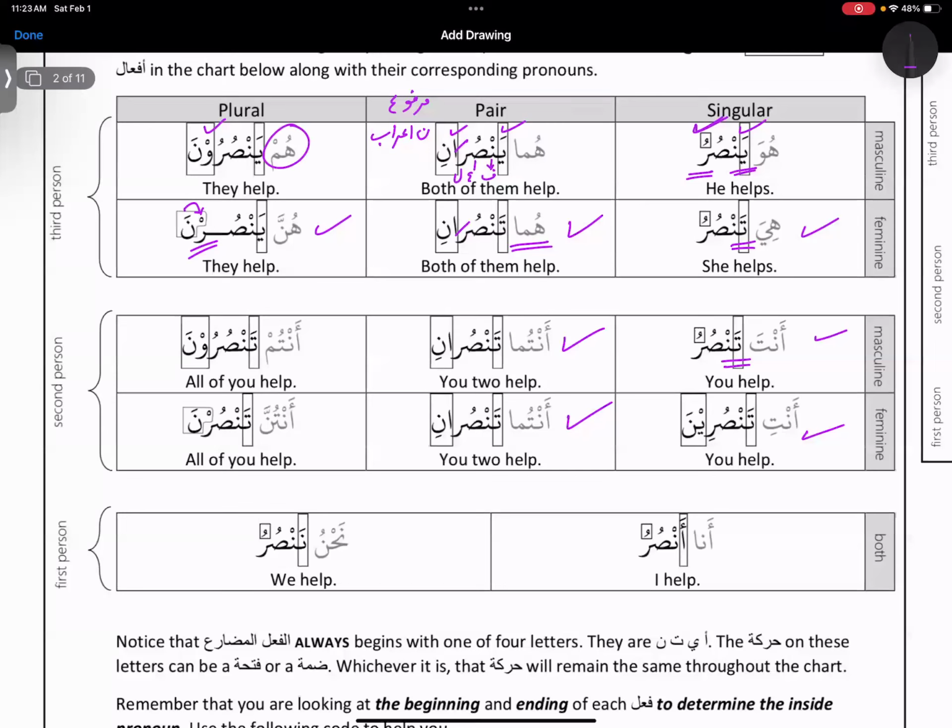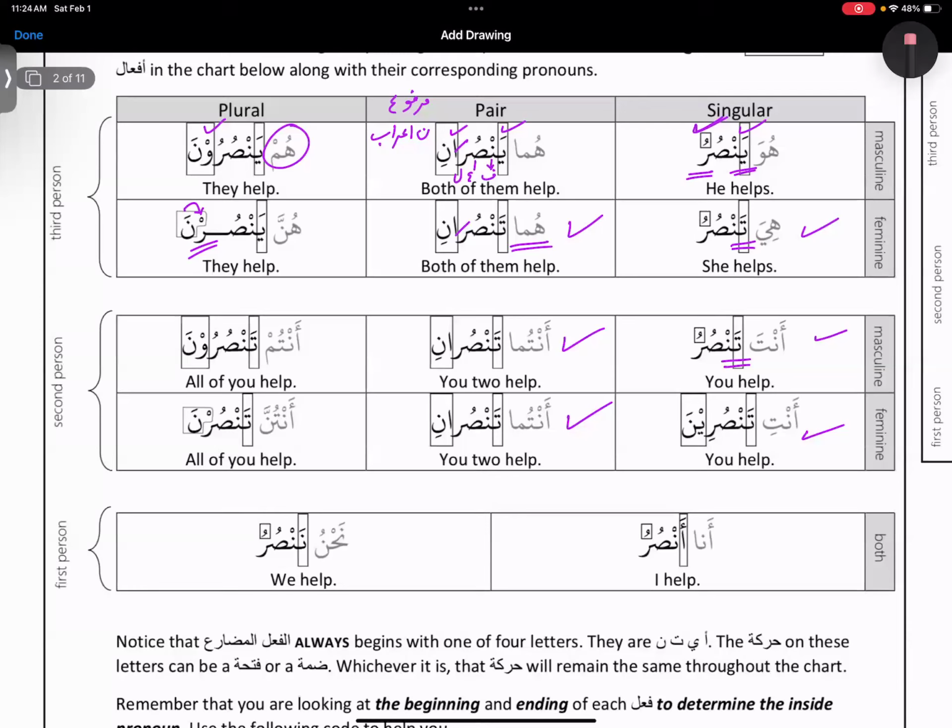Hum and antum: the only difference is ya and ta. Hum is yansuruna, antum is tansuruna. And then hunna and antunna are almost the same, just one letter different, ya and ta: yansurna and tansurna.